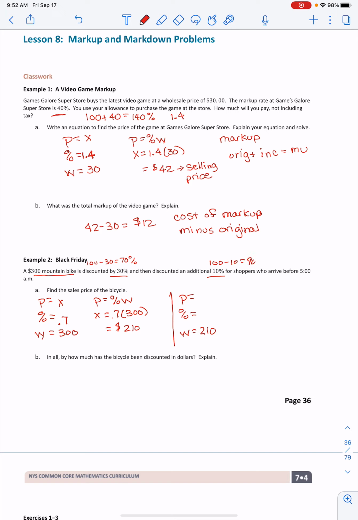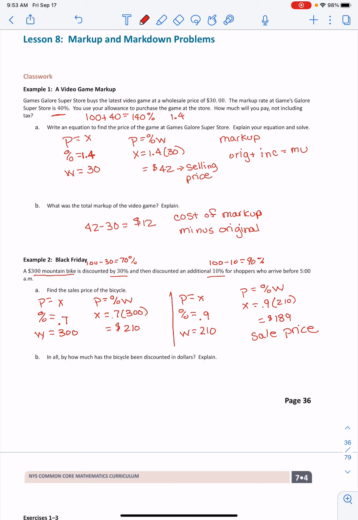So our percent is actually 90, because again, we want the sale price, not the discount. So we have X equals 0.9 times 210. So our actual sale price is $189.